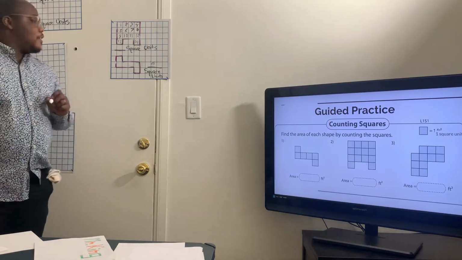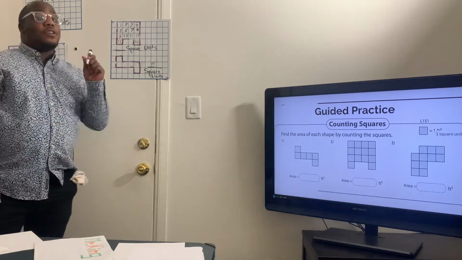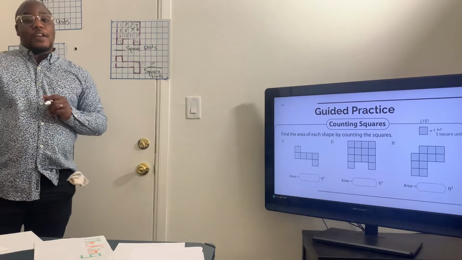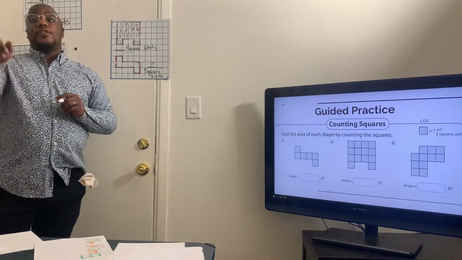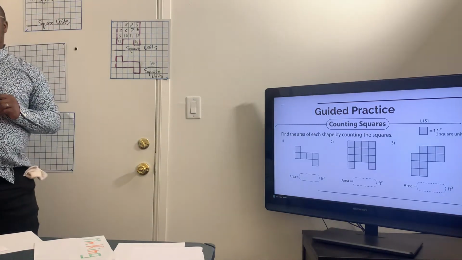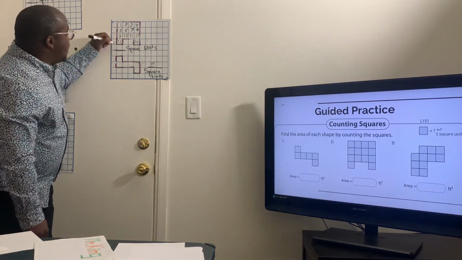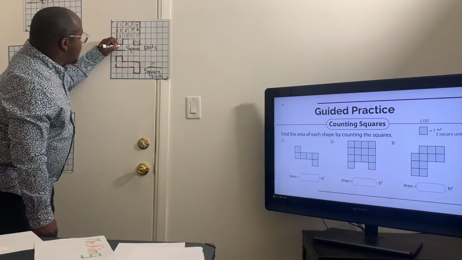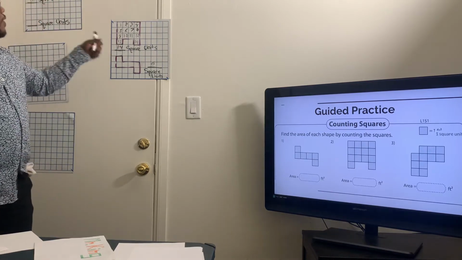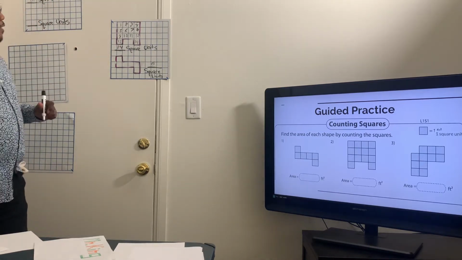Oh, what do we say after finding the total number? Susie, what do we say? Square units. So 14 square units, and we found our area.